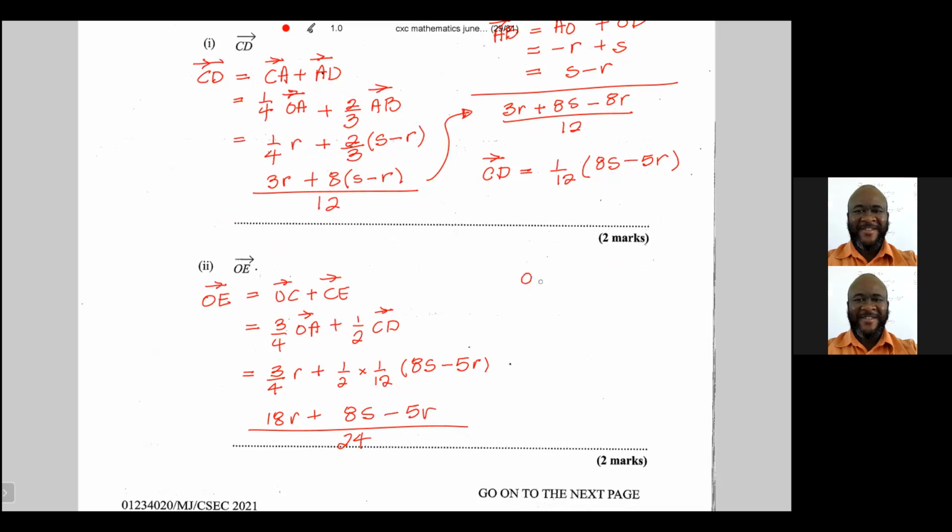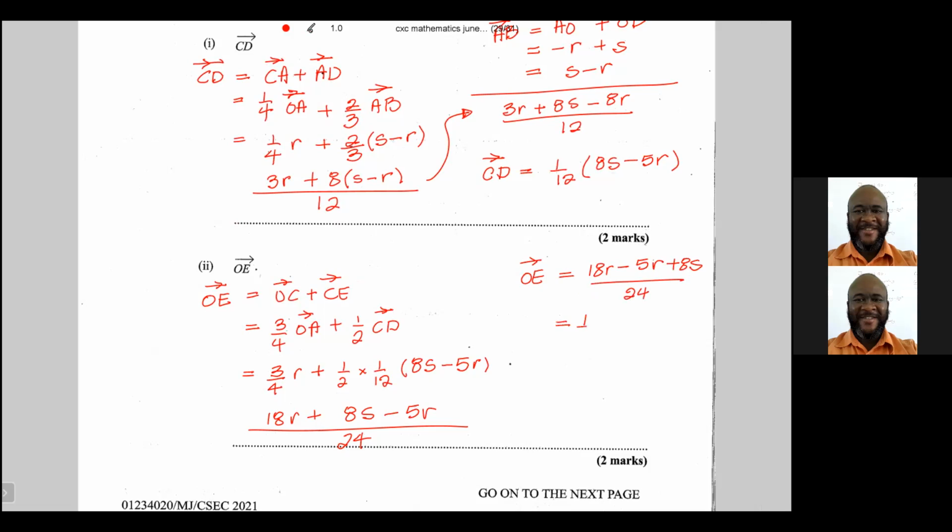So the vector OE is 1 over 24. All right, let's write an additional line. So this is 18R minus 5R plus 8S over 24.